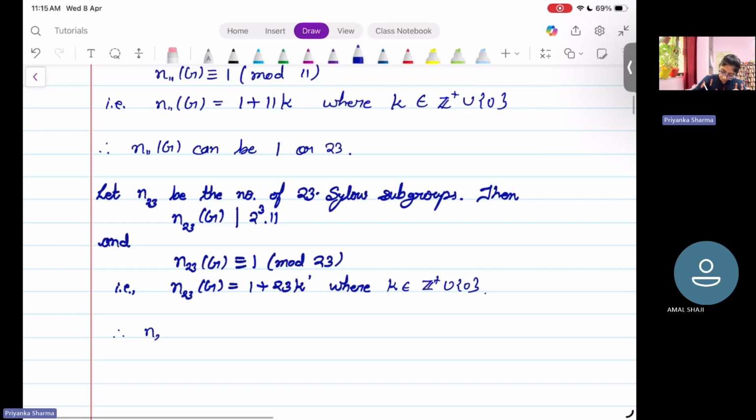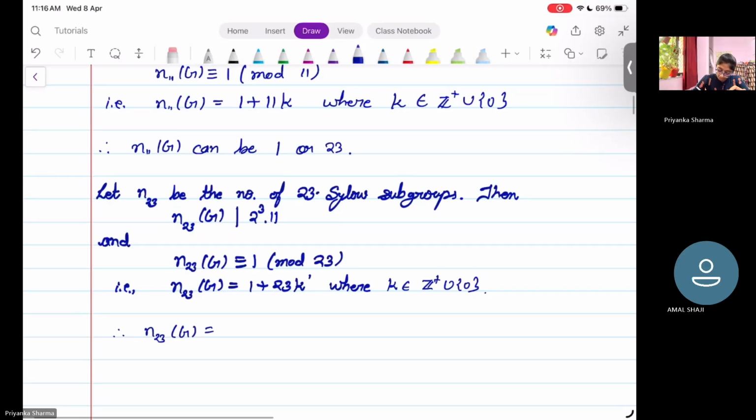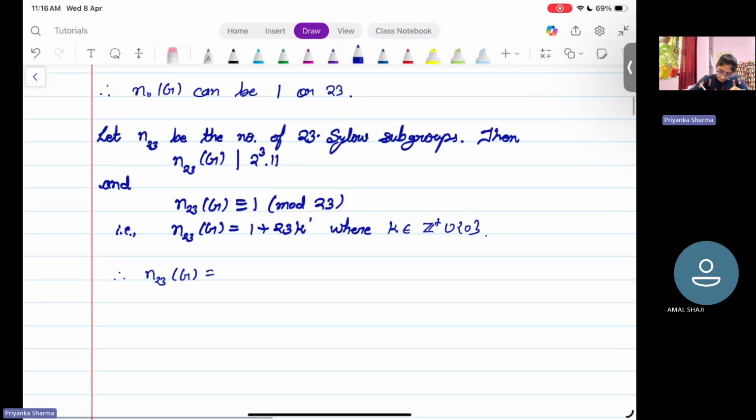Therefore, what can n23(G) be now? What if k' is 0? If k' is 0, we will get n23(G) as 1, and 1 divides 88. So it can be 1.